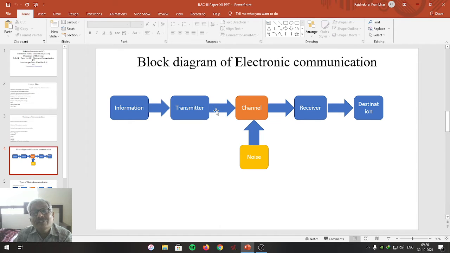Maybe it is through space, maybe through the atmosphere, maybe through a wire, maybe through a cable, maybe through an optical fiber, maybe with the help of microwaves. All those that I have mentioned are called the channel.